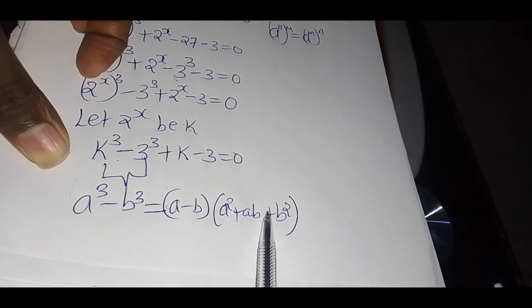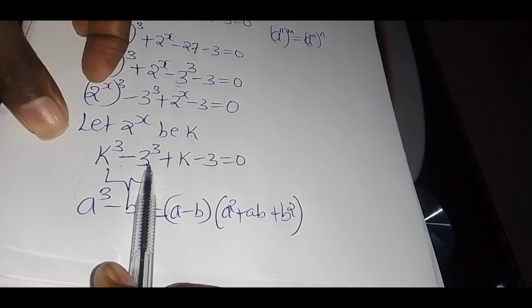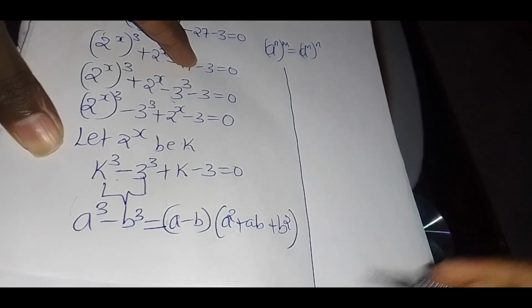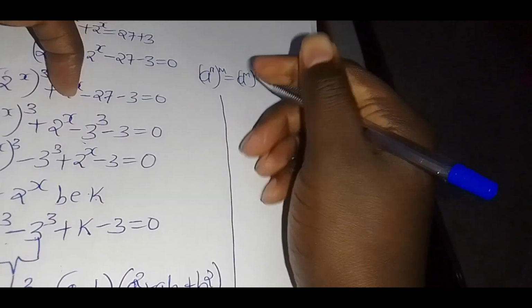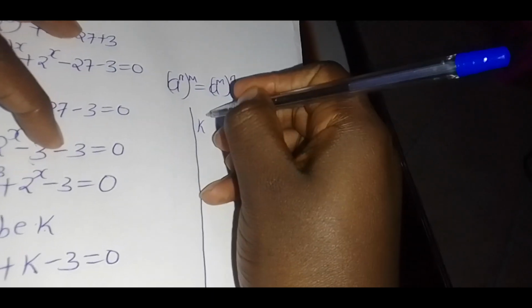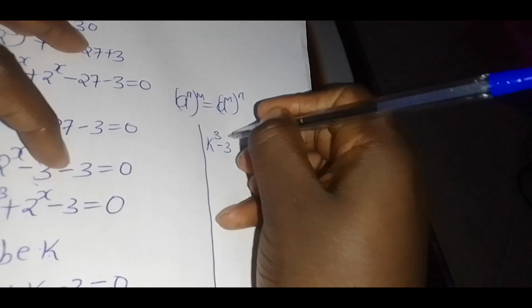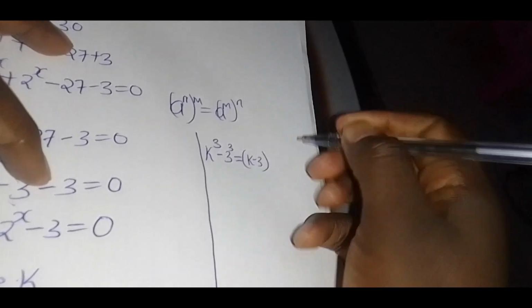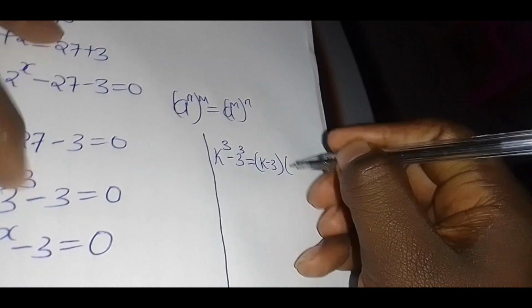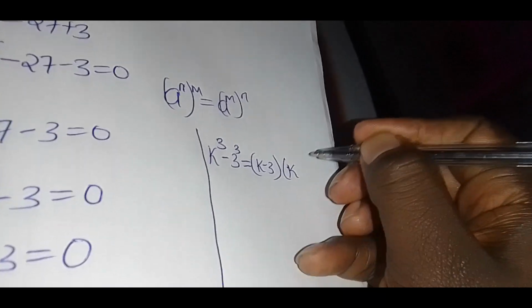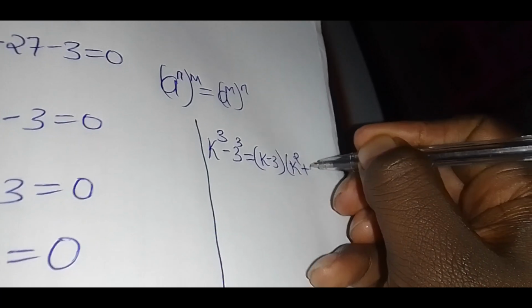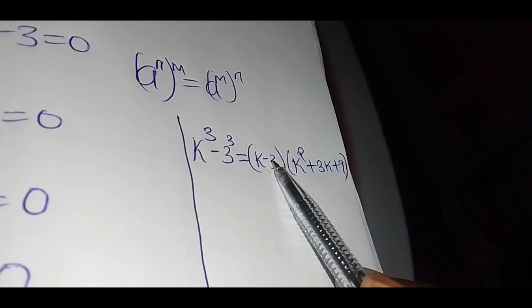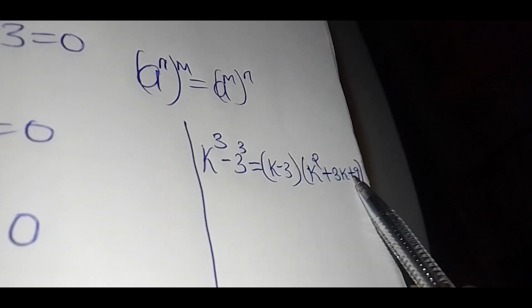We apply this identity to solve this difference of cubes. So k cubed minus 3 cubed is the same as k minus 3, and in the bracket we'll have k squared plus 3k plus 9.